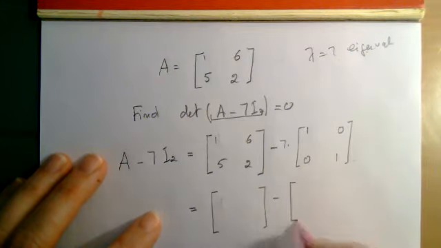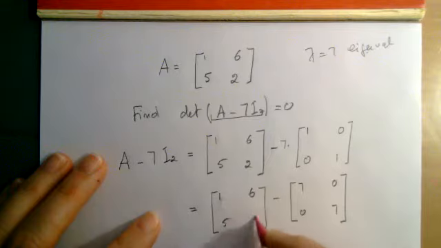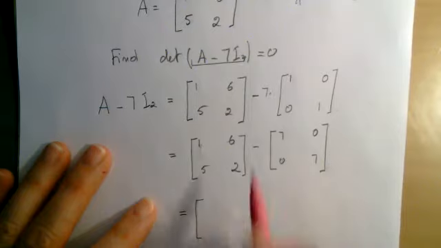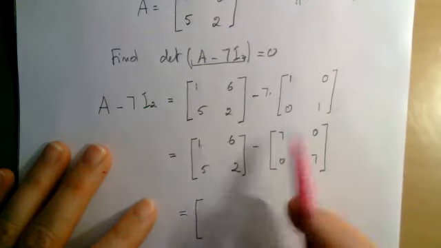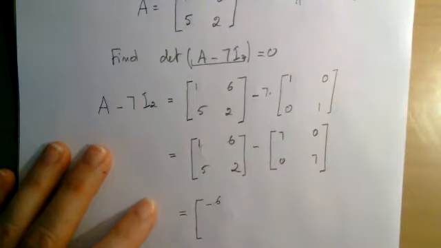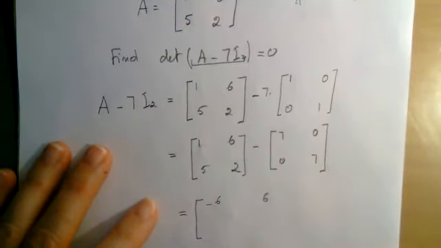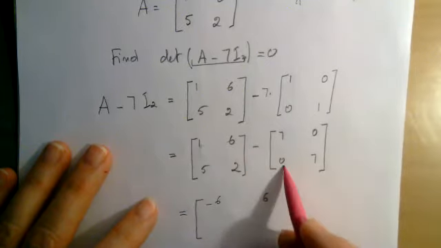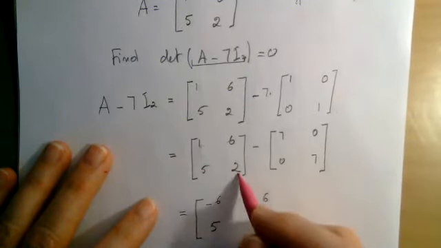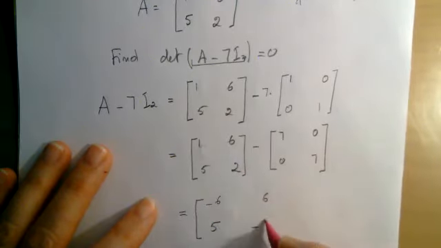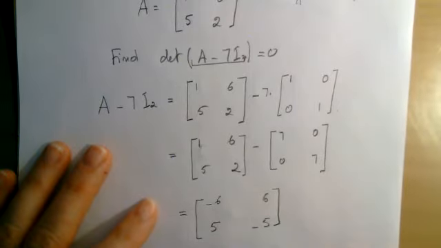So this is 1, 6, 5, 2, and this will give me the following matrix. 1 minus 7 is minus 6. That's a 0, it will not be affected. The terms off the diagonal are not affected because I'm taking 0 from them. The terms on the diagonal, I'm actually taking the 7 from them. So 2 minus 7, which is minus 5.